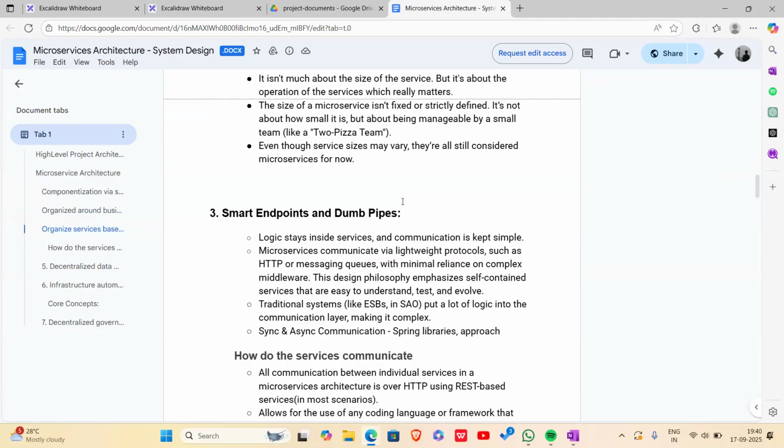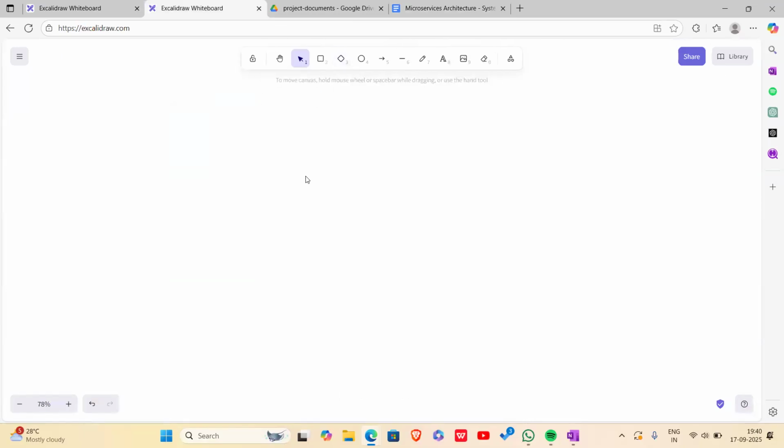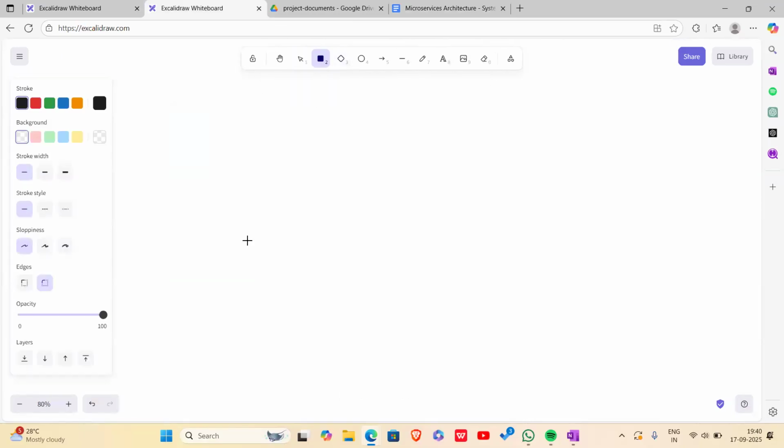Smart endpoints and dumb pipes. Logic stays inside the service. Communication, I will explain it here. Here is a service.